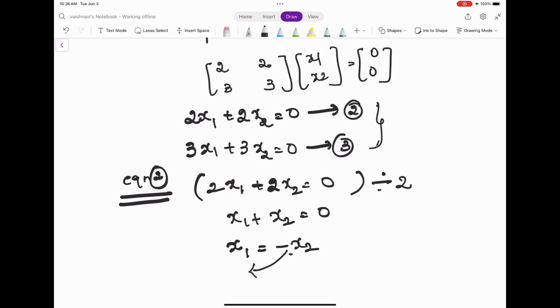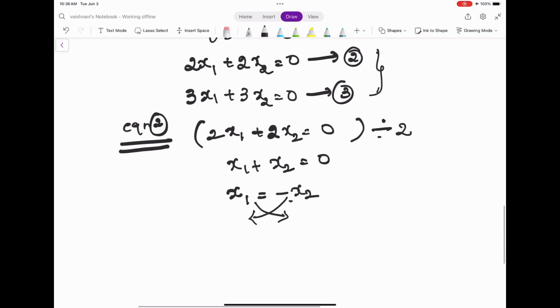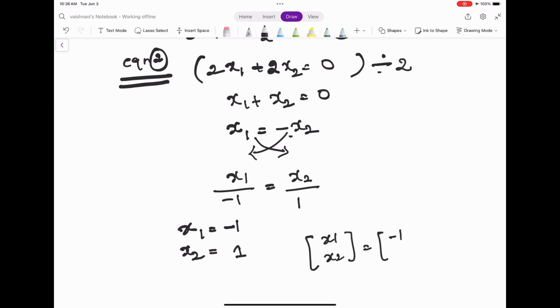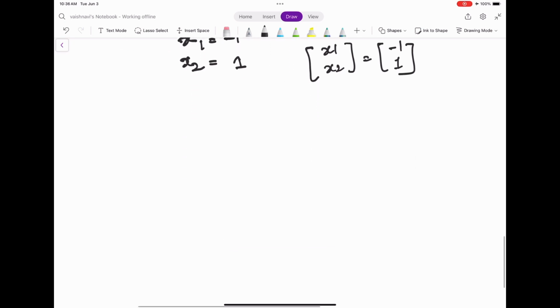So we write x1 divided by minus 1 is equal to x2 divided by 1. So that is x1 is equal to minus 1 and x2 is equal to 1. This will be my first eigenvector for the eigenvalue lambda is equal to minus 1. So let me write it down as x1 x2 is equal to minus 1 and 1. This will be my first eigenvector.